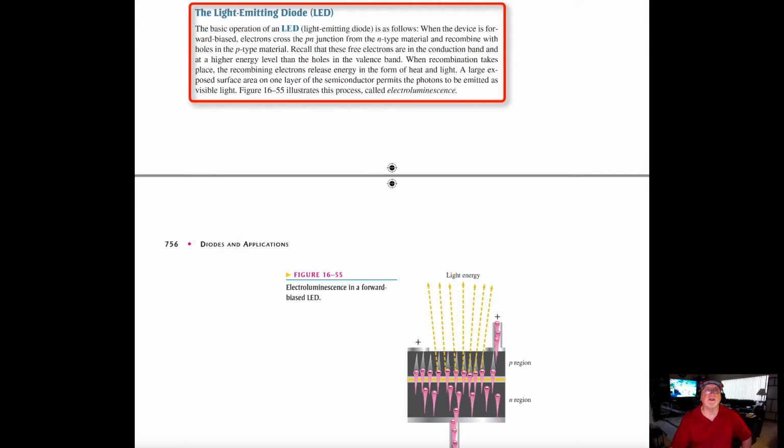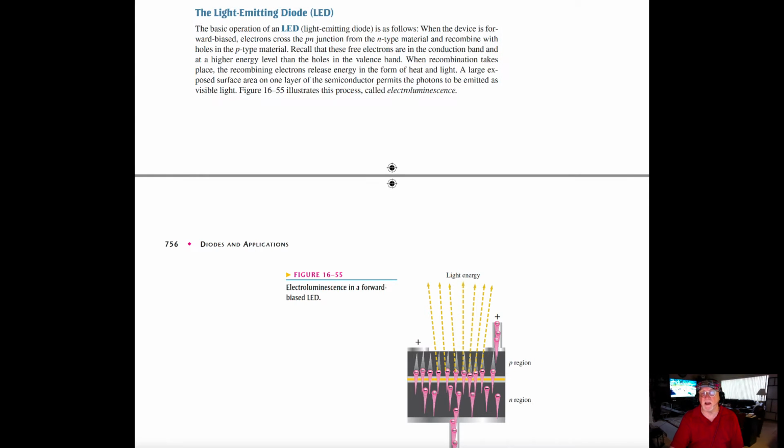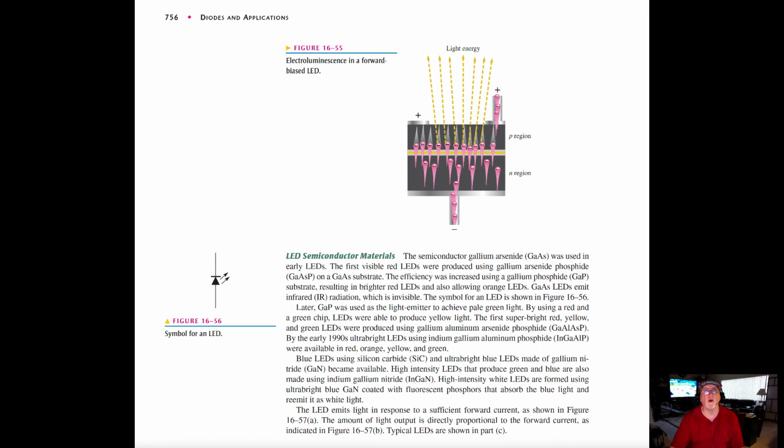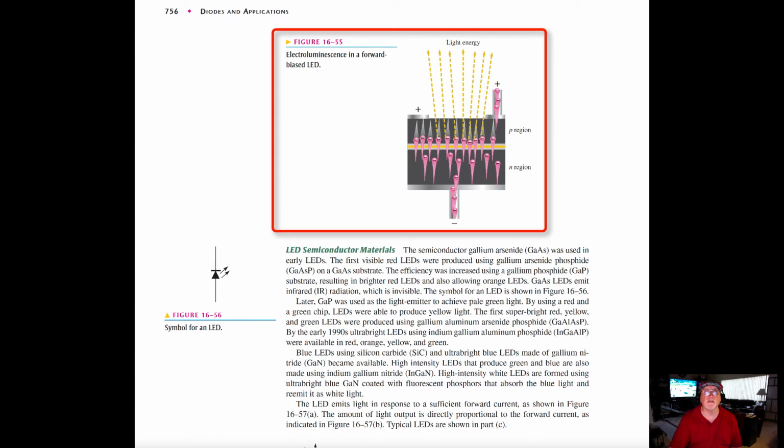When recombination takes place, the recombining electrons release energy in the form of heat and light. A large exposed surface area on one layer of the semiconductor permits the photons to be emitted as visible light. And so this process is called electroluminescence.